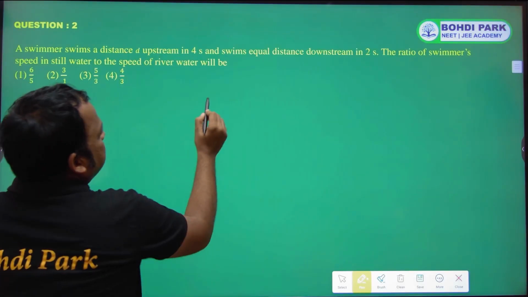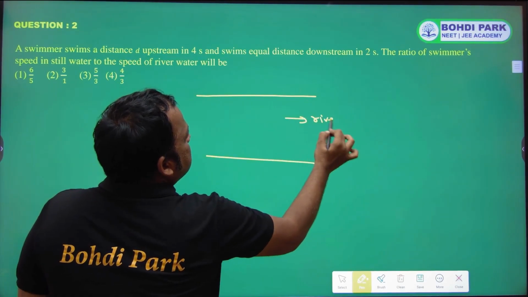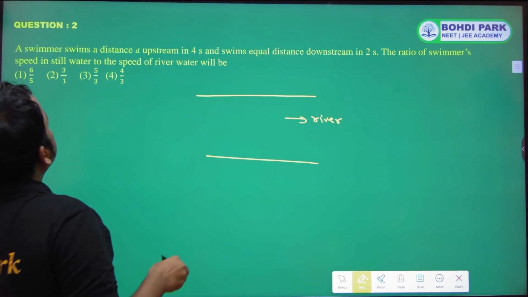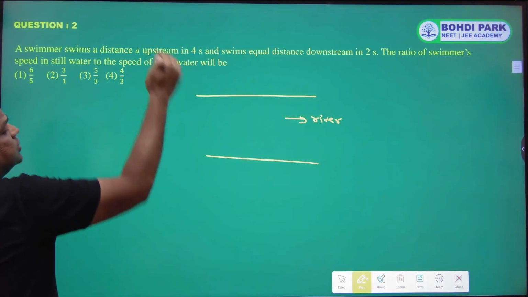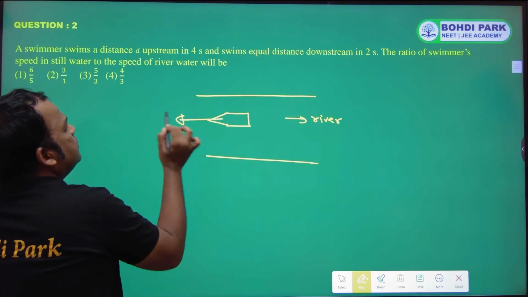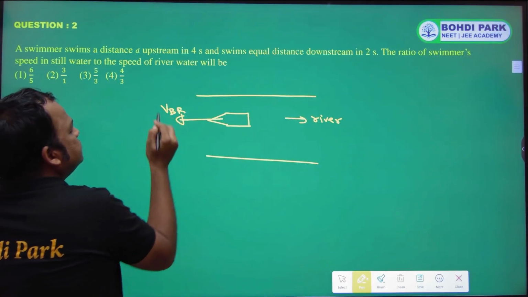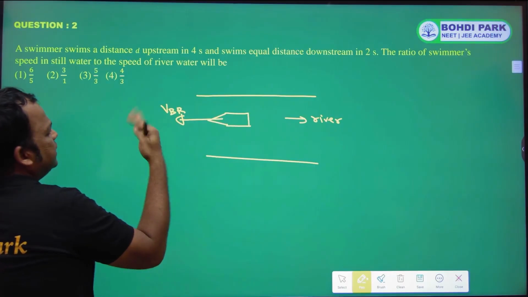So let's draw the river again. Suppose the river is flowing towards east direction. Swimmer swims a distance d upstream in 4 seconds. So suppose this is the boat. This will be VBR, so we can say boat with respect to river or swimmer with respect to river, anything.